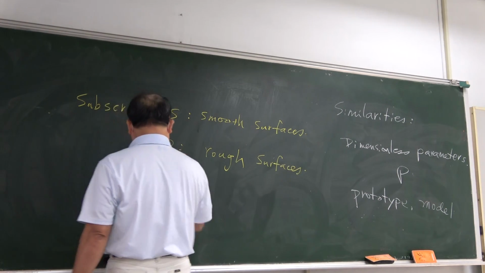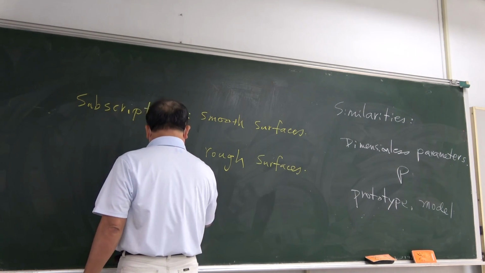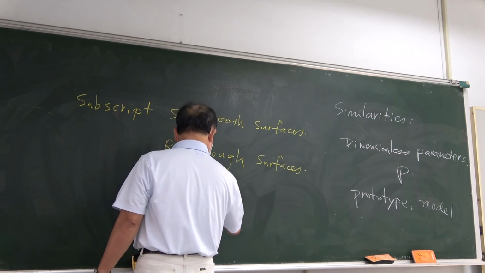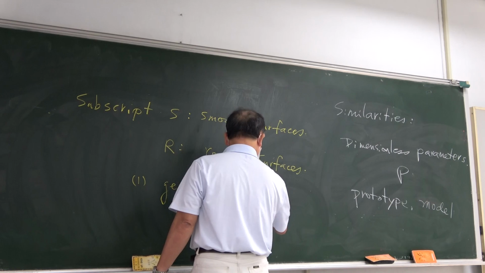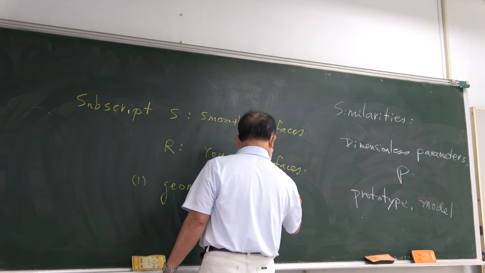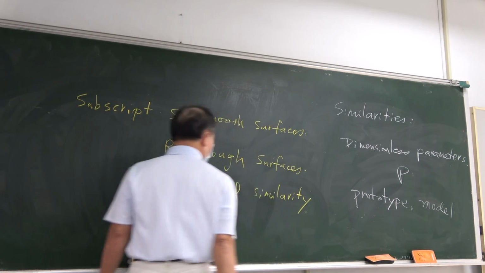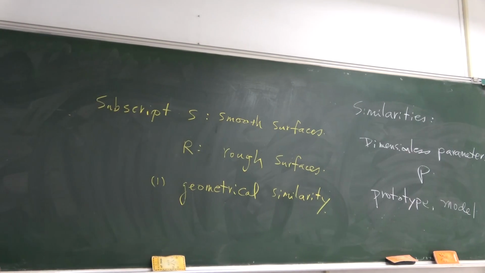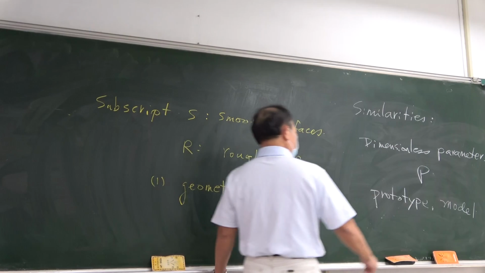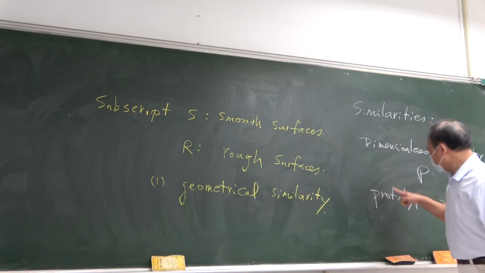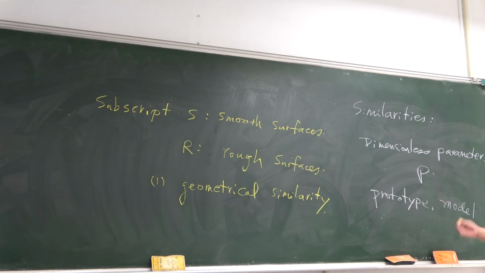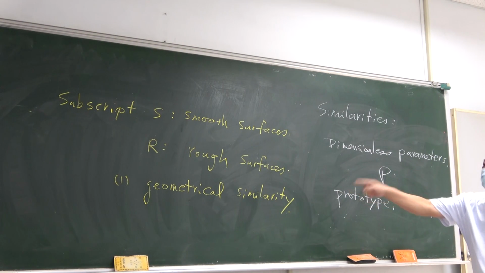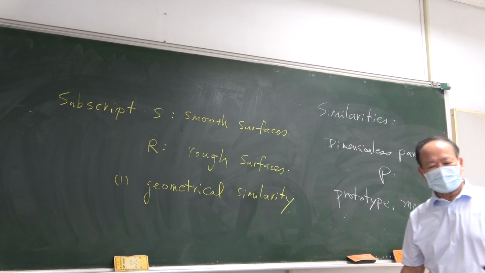One is the geometric similarity. 几何相似是什么呢？就是我们的几何 prototype and the model, if they have the similarity, okay, we talk about geometry 就是几何相似.